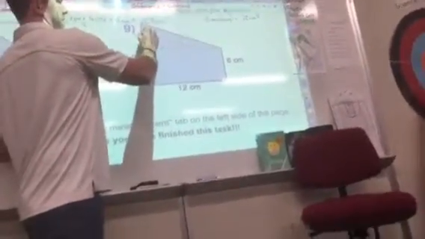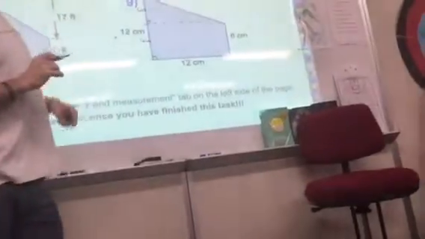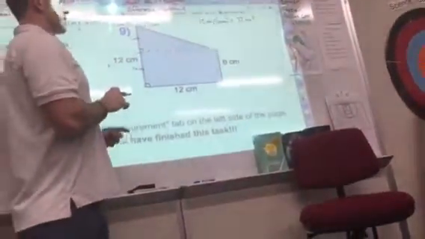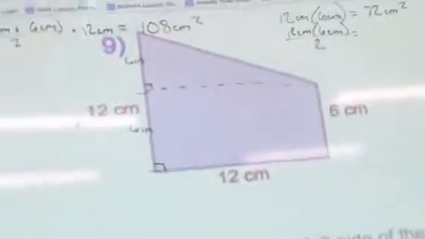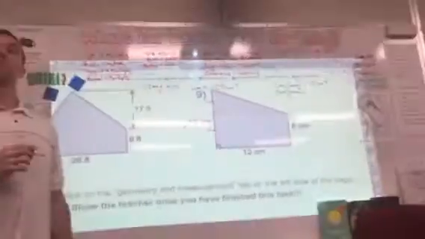So this is 6. The drawing is probably not that great, but that's what it is. So I get 12 by 6 centimeters divided by 2. 12 times 6 is 72, divided by 2 is 36.